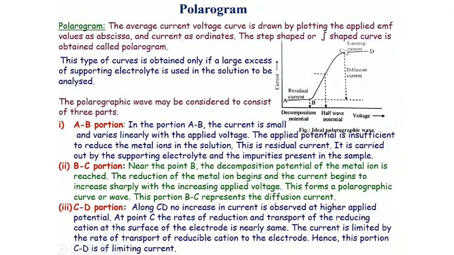The CD region shows a limiting current. At higher values of voltage there is no increase in current; the current is limited, because at point C the rate of transport of cations to the electrode surface is equal to the rate of reduction, so that's why the current is limited. This is the polarogram and its regions.